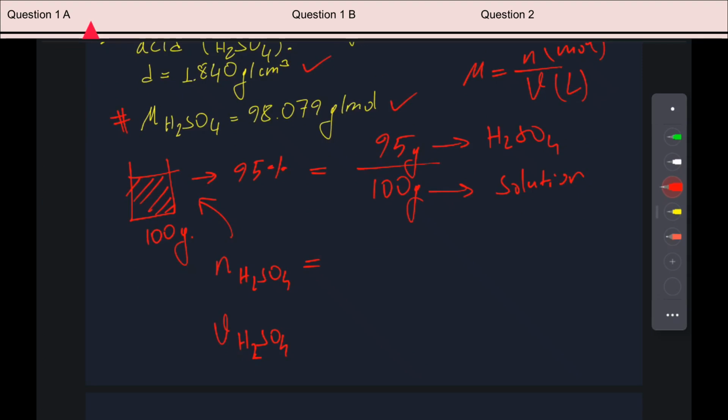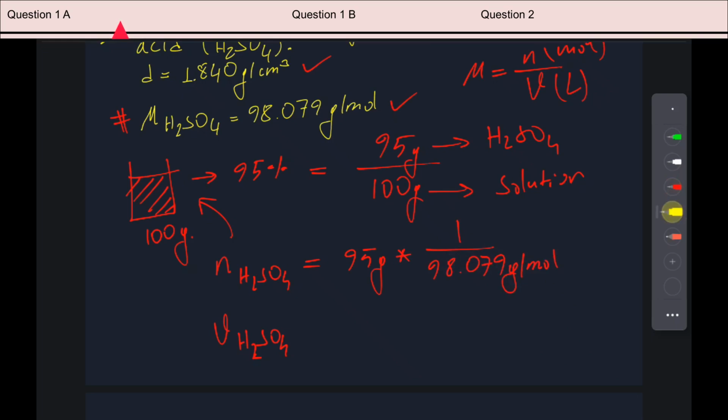I can do that since I have 95 gram of H2SO4, and I have to calculate its mole using the molar mass of H2SO4, which is 98.079 gram per mole.